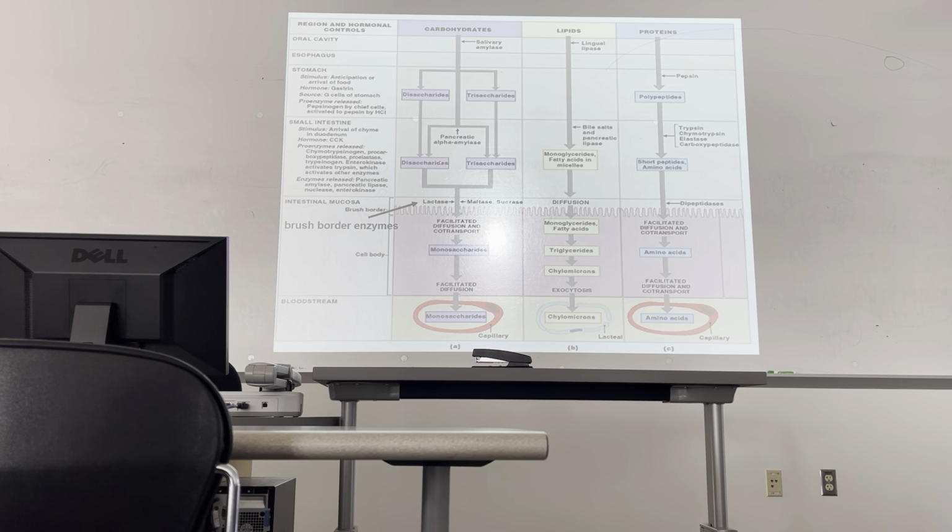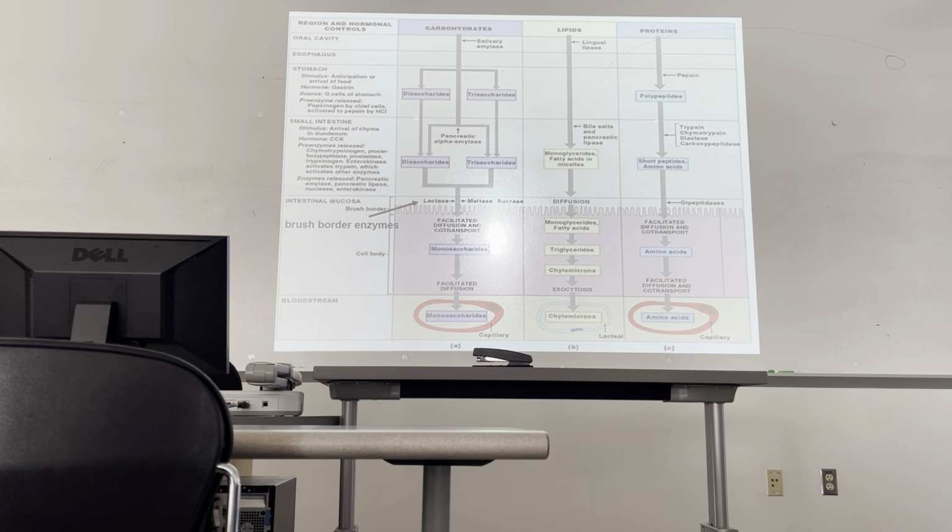Okay? And then here, you see the brush border enzymes, absorbed in the blood. And then the lipids, you see the lingual lipase, and the lipase here in the small intestine. Add here the help from your gallbladder, pancreatic lipase, and then enter lymphatics.